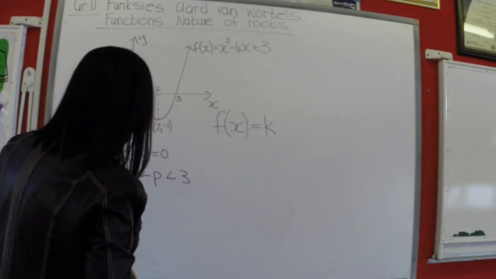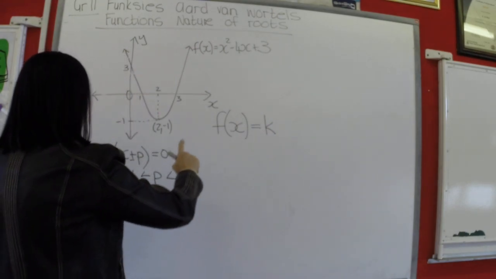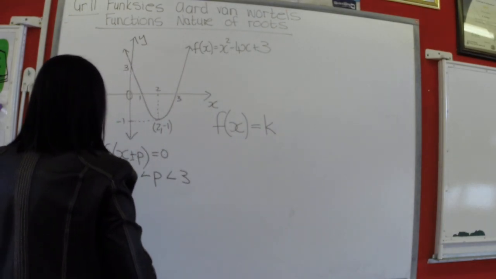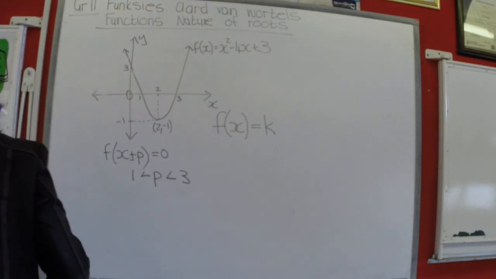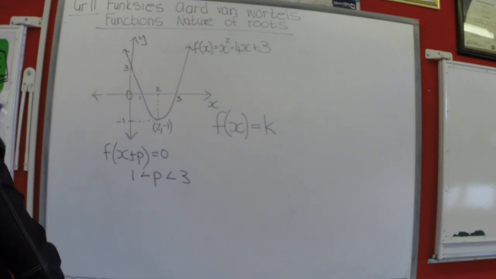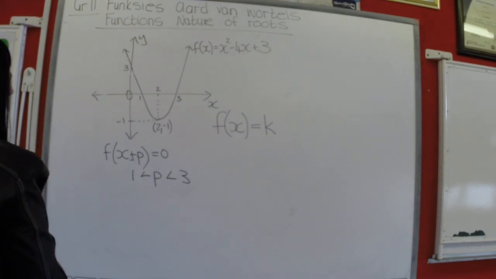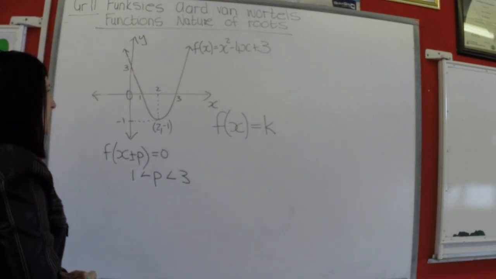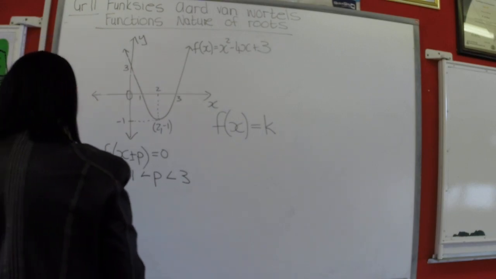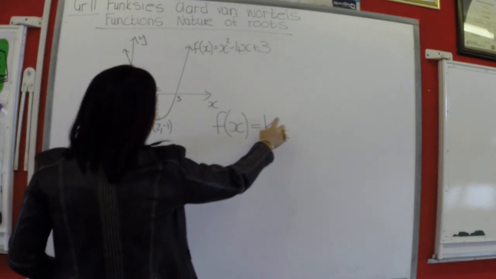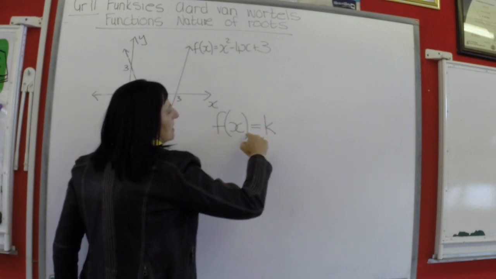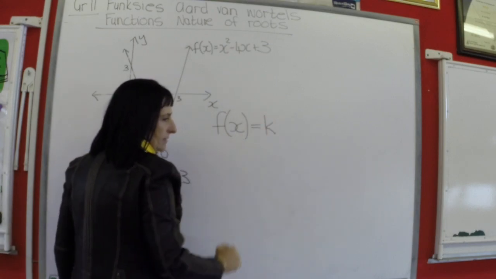Vir watter waardes van k, as f(x) is gelyk aan k, sal daar 2 reële wortels wees. 2 reële wortels beteken, waar gaan my grafiek 2 x-afsnitte hê? When there's the k that I ask is equal to f(x).